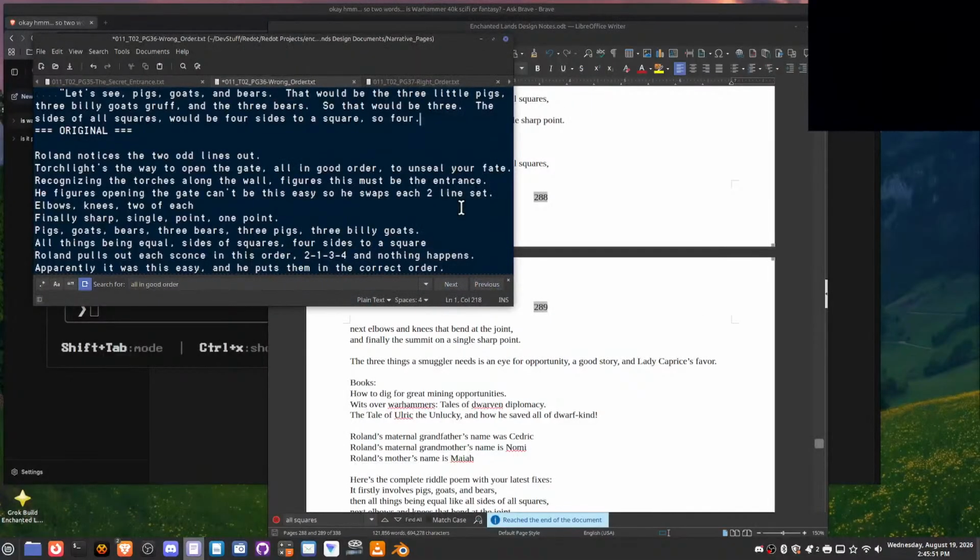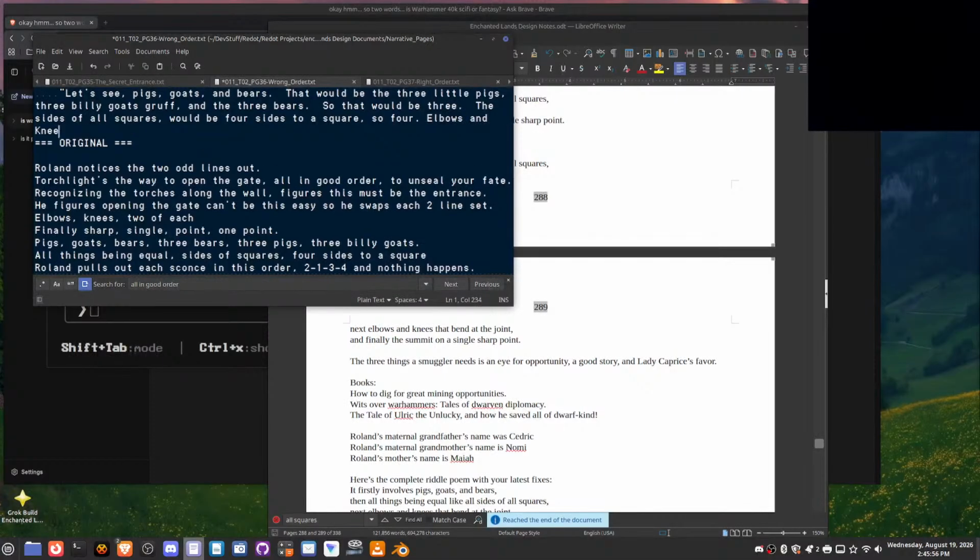Elbows and knees, which I have 2 of. So that would be 2. Single sharp point.